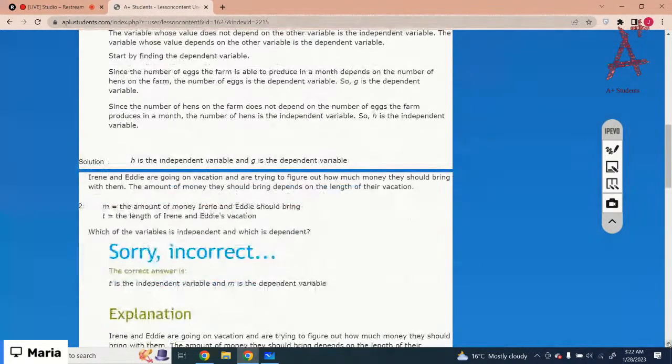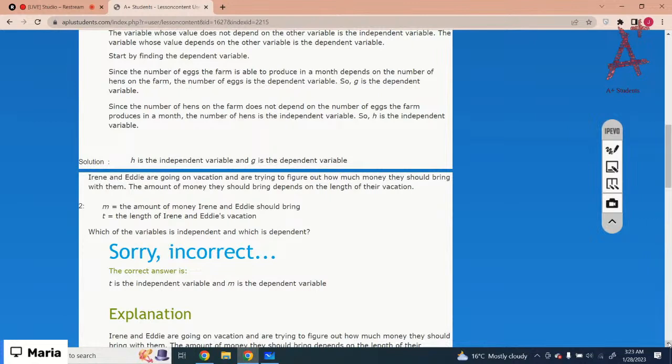Ron and Ed are going on vacation and try to figure out how much money they should bring with them. The amount of money they should bring depends on the length of their vacation. So you can understand from this line, that means the money is the dependent variable and the length of the vacation is the independent variable.